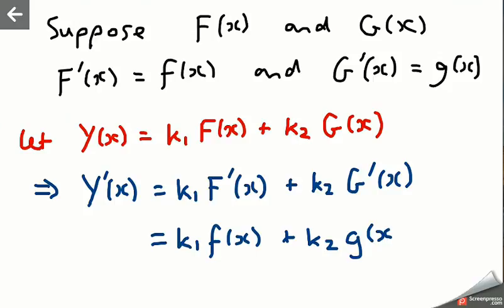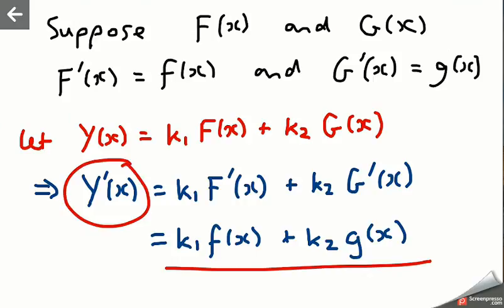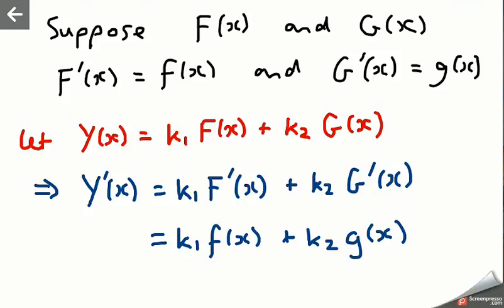And now, from our theory on anti-differentiation that we did in the last video, we know that the antiderivative of big Y prime of x must be equal to big Y of x plus some constant.